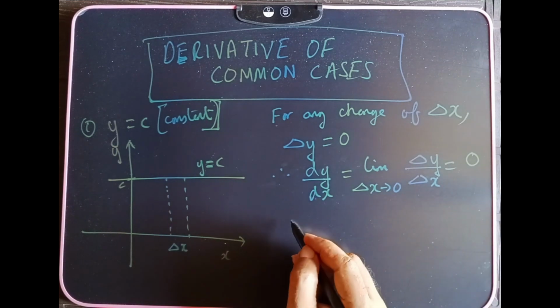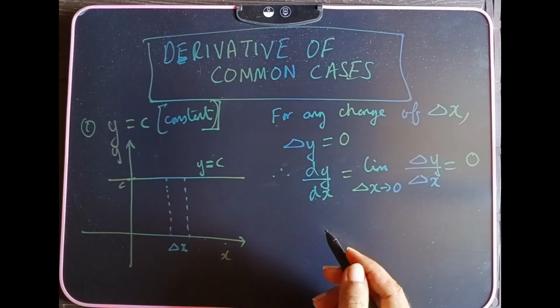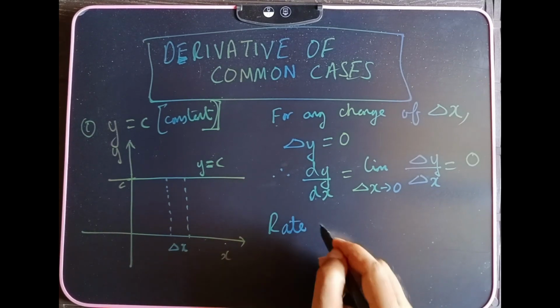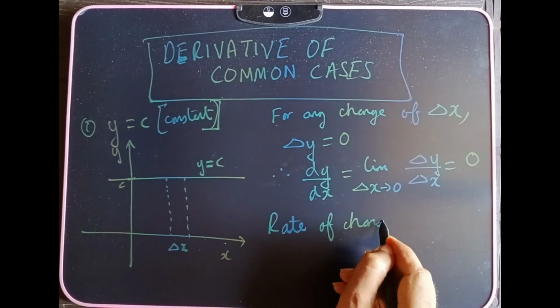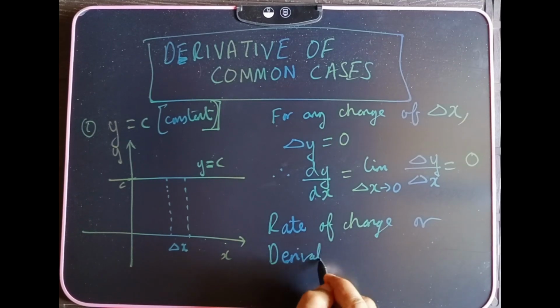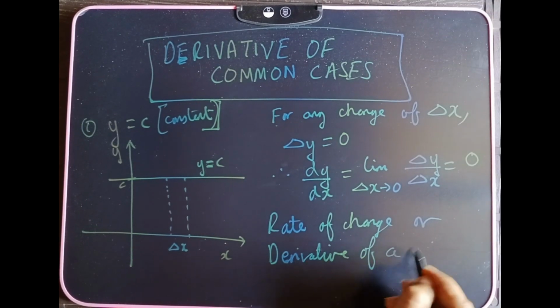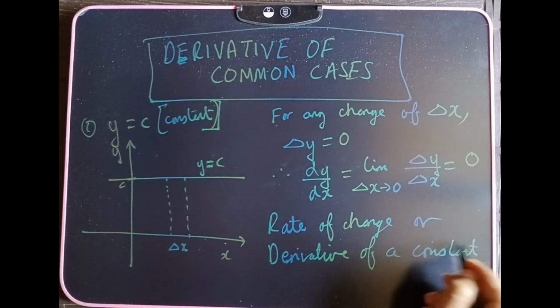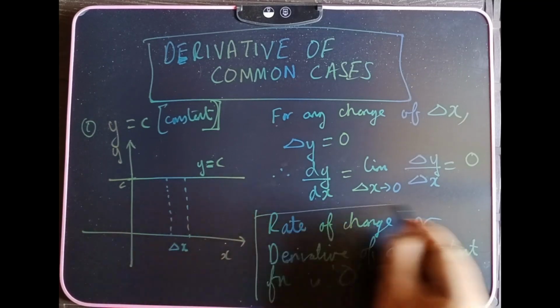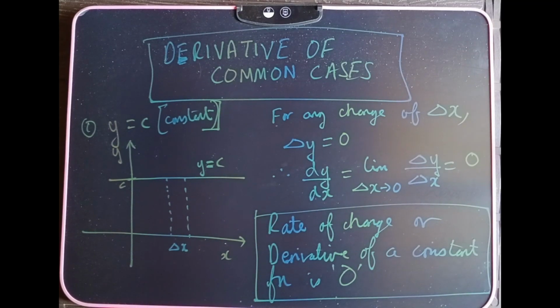So we can say that the rate of change or derivative of any constant function is 0. So this is one case we have seen. Remember this, derivative of a constant function is 0.